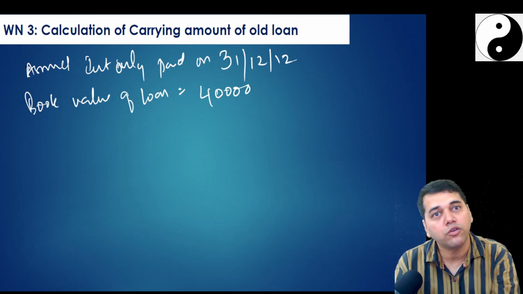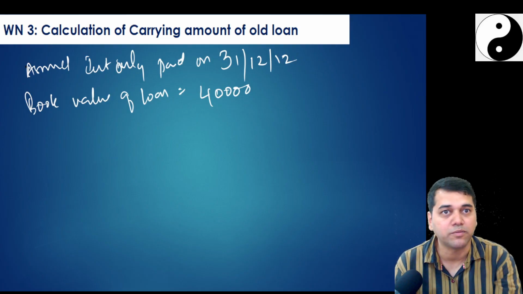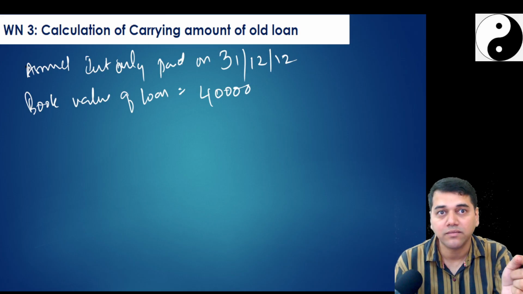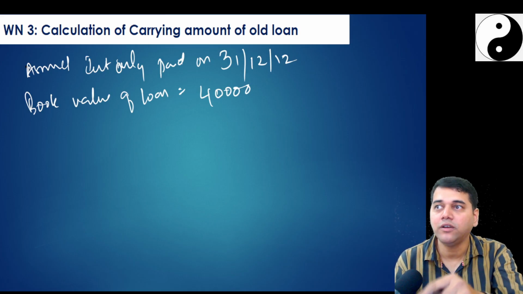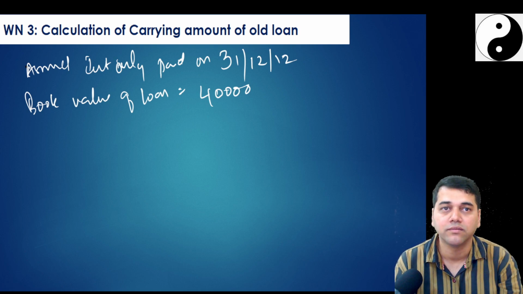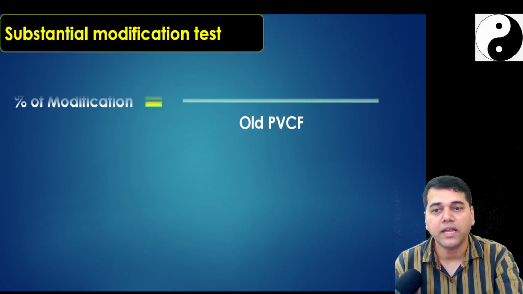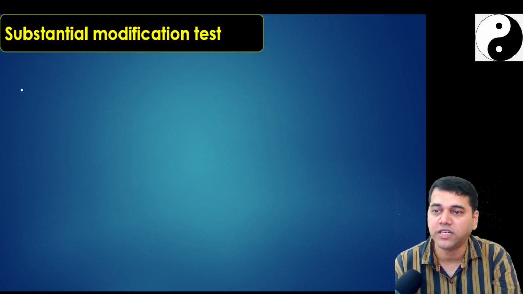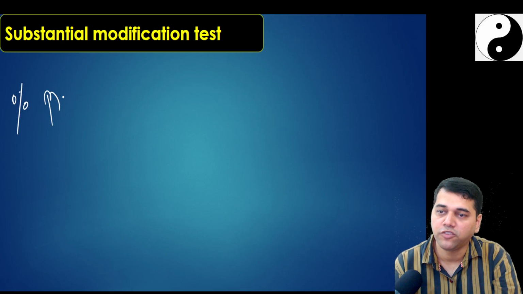Otherwise my book value of the loan would have increased with that interest expense also. Since I paid, my accounting entry is interest expense to bank, instead of interest expense to liability. Now I need to prepare a substantial modification test. So what is my percentage of modification?